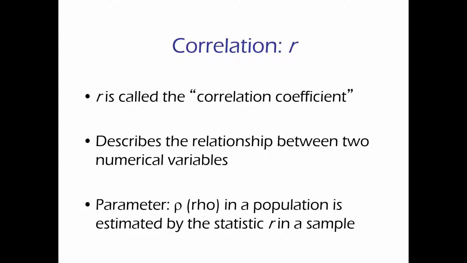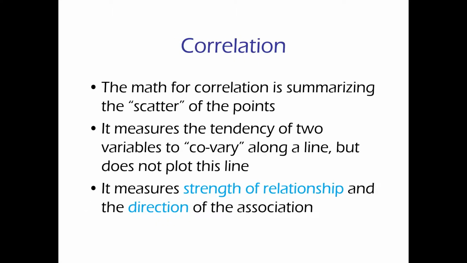Usually we estimate rho using the correlation coefficient in the sample, which is R. The math for correlation is to summarize the scatter of the points. Correlation measures the tendency of two variables to covary along a line, although it doesn't plot the line. It is able to show how strong the relationship is and also the direction of the relationship.